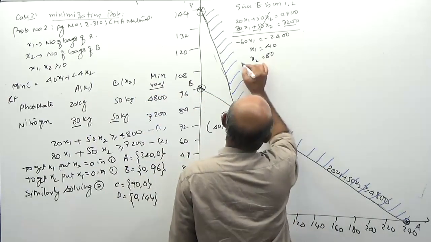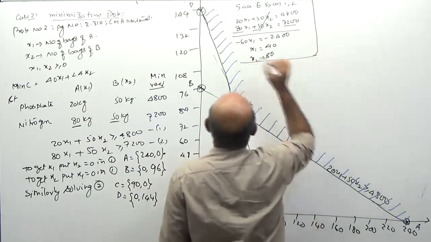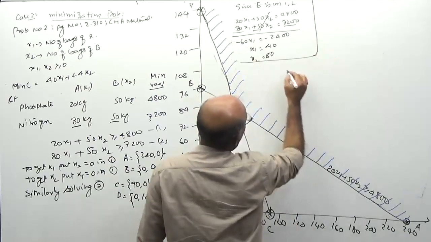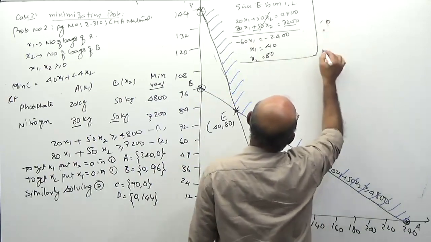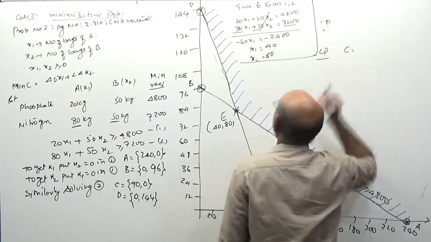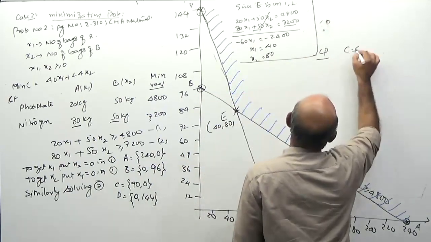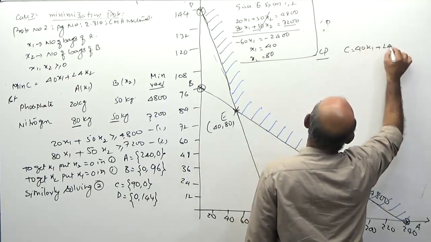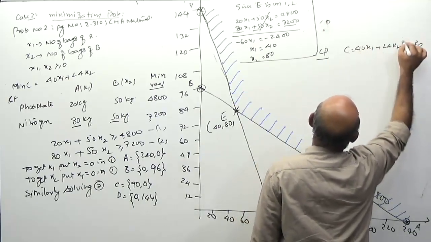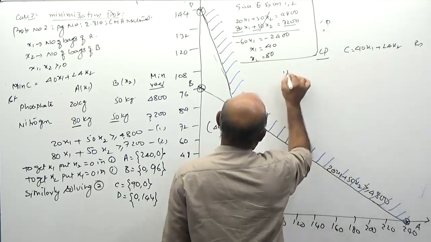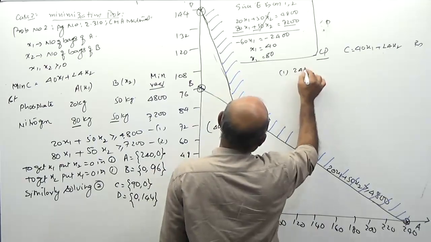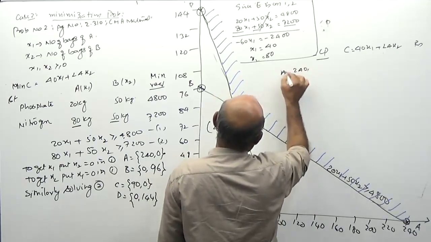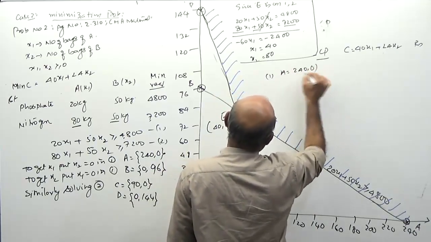Now all the points we have. So corner points, this is the working part. The cost C is equal to 40 into x1 plus 24 into x2, C in rupees. First corner point is 240, 0.